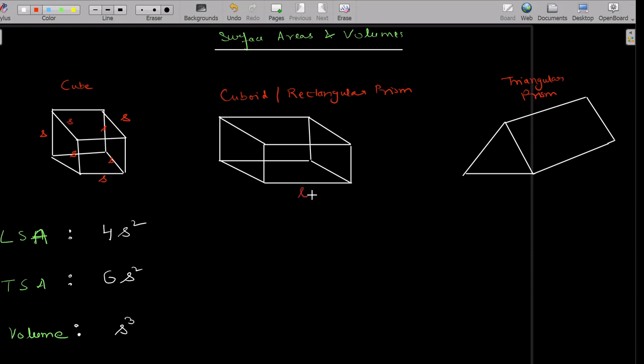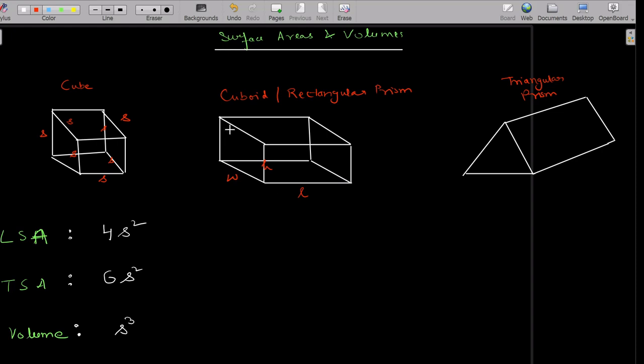So if you look at the bottom surface, the floor of the room, imagine the cuboid as your room. The rooms in which we are living are kind of cuboidal. So they have a floor. Let's say this is the length of the floor, this is the width of the floor, and this is the height.